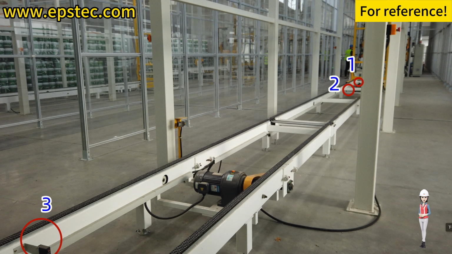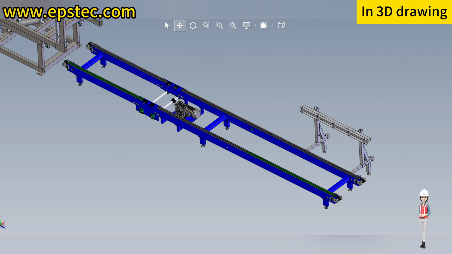When none of the 3 photoelectric sensors detect our signal, the vertical storage chain conveyor will run empty for a period of time and then automatically pause until the forklift driver places the next EPS block.